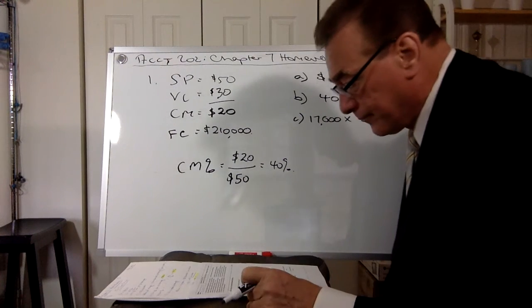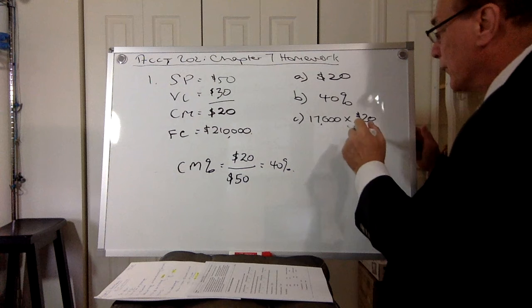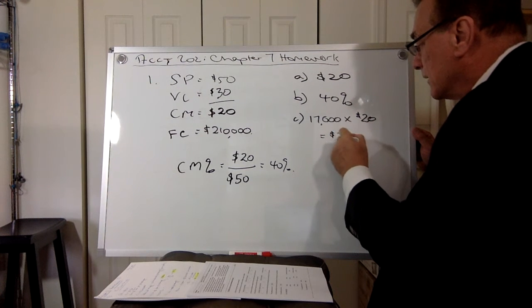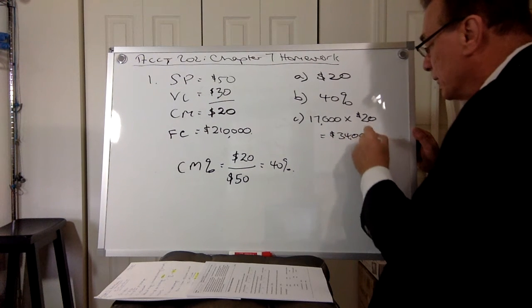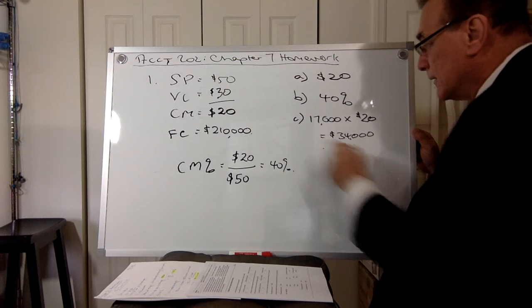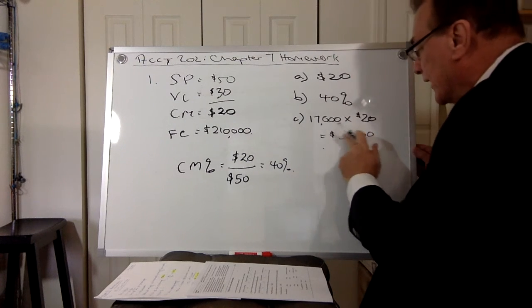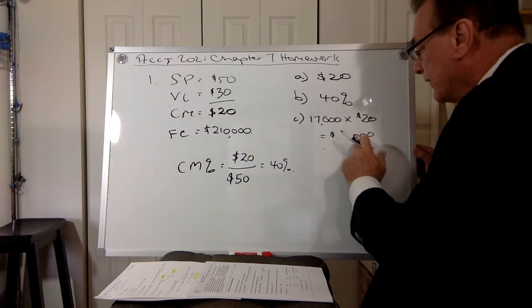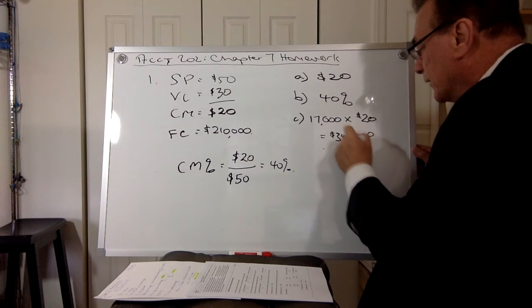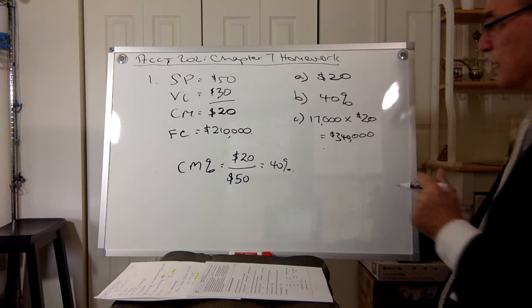So therefore, we get $34,000 contribution margin total. Sorry, not 34,000, 340,000. Be careful with that. 340,000. That's the contribution margin in total.